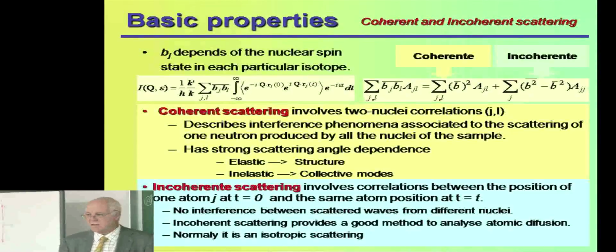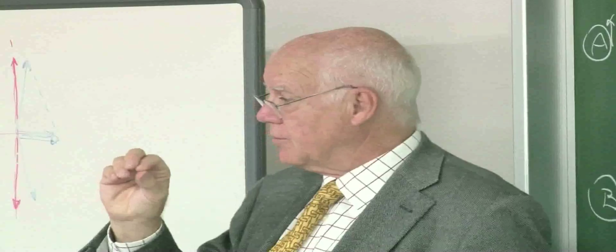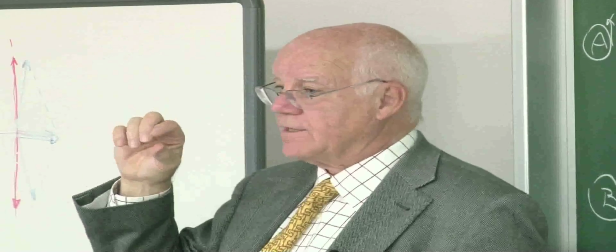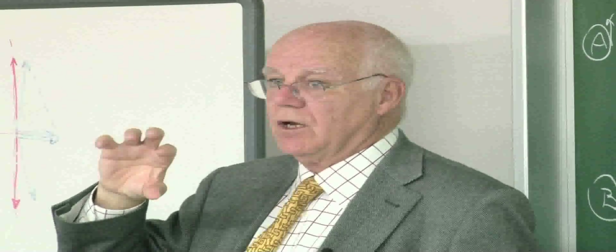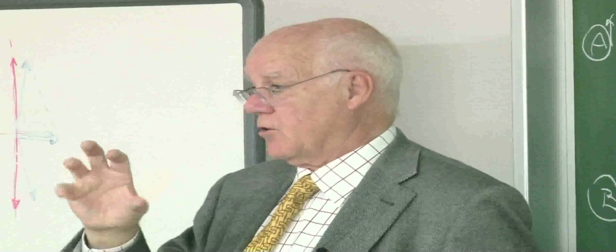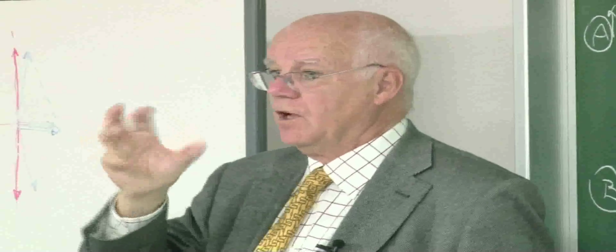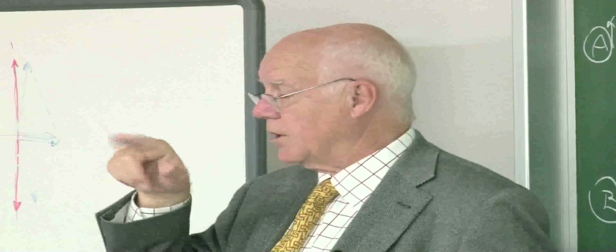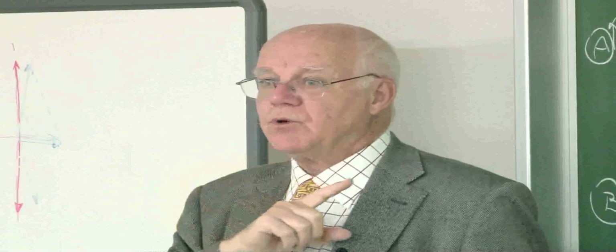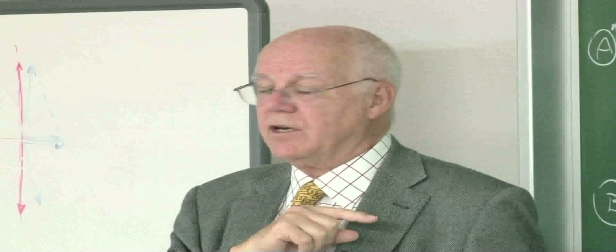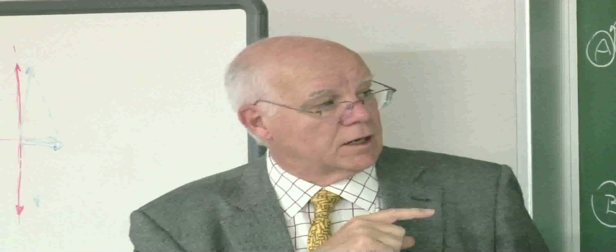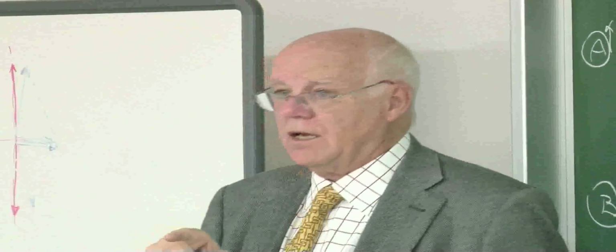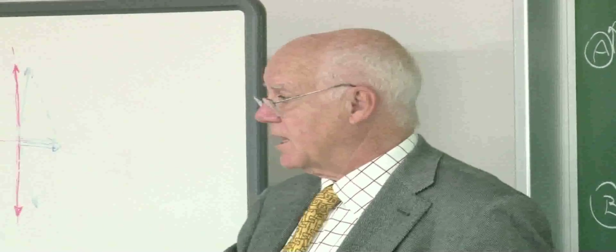So for studies of diffusion, or even studies where you want to see rotation, such as ammonia rotation, where you have three hydrogens with a nitrogen, it is important to go to this incoherent scattering and study it, specifically study the differences.